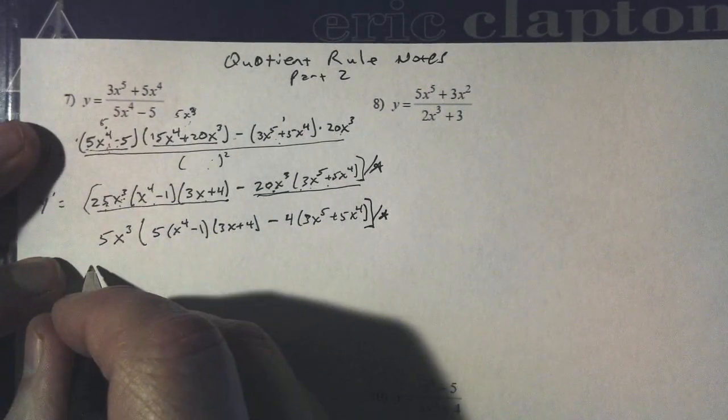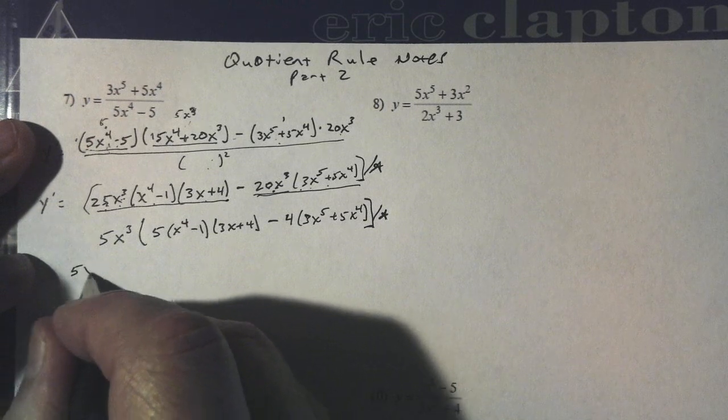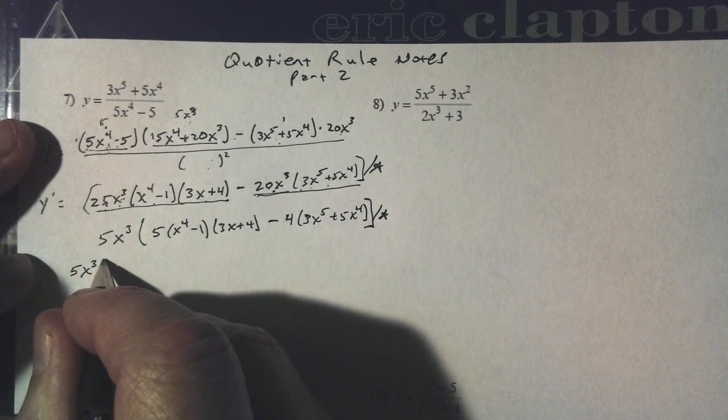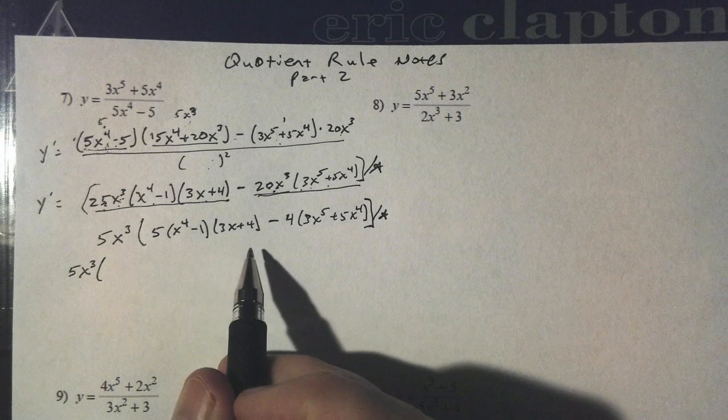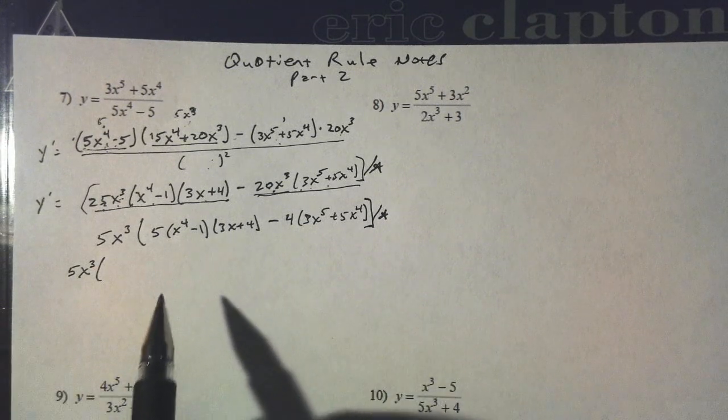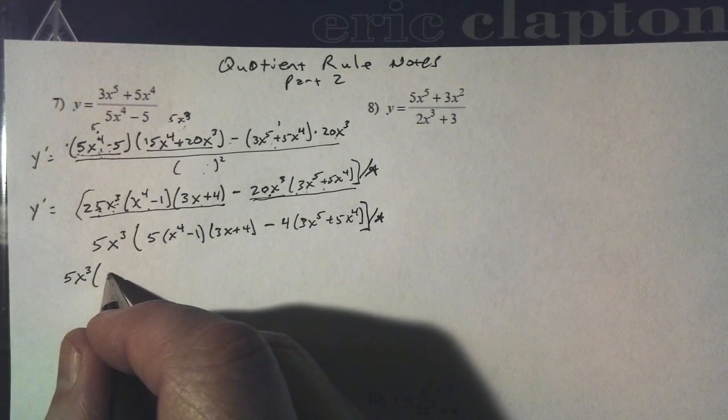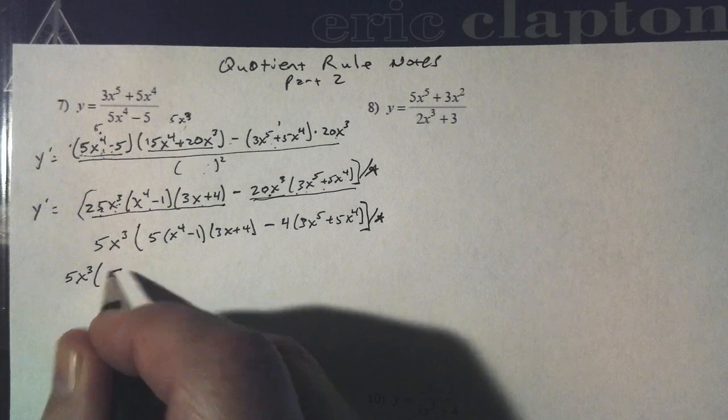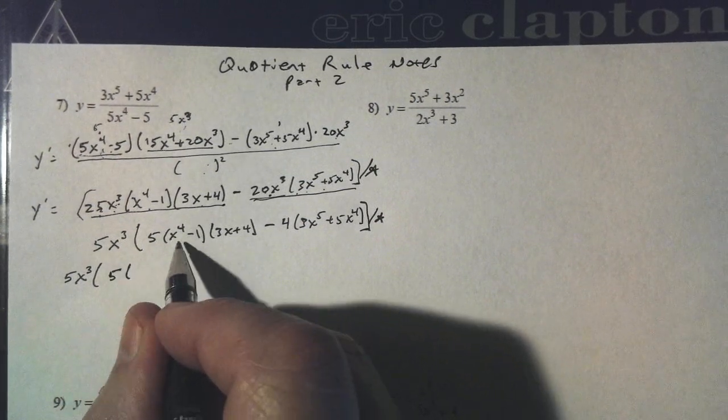And then let's clean up the inside of this. Here I get, and it's going to be a mess before it gets better. So I get 5 times, let's FOIL this.